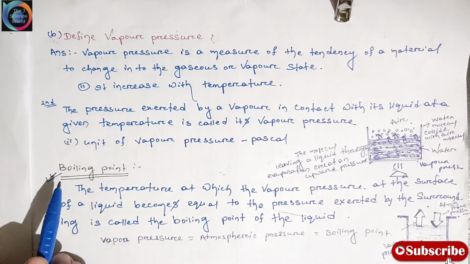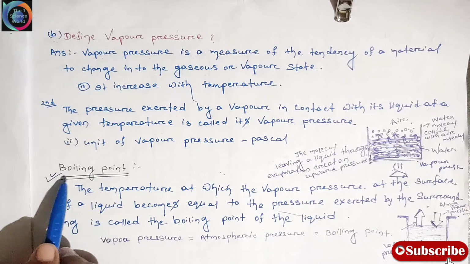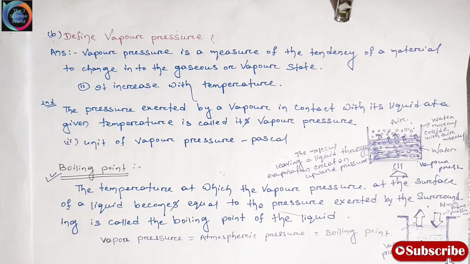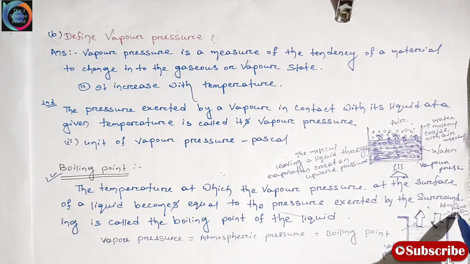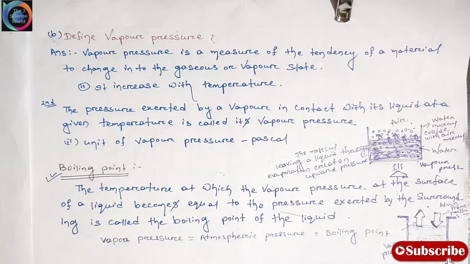Friends, another term related to vapor pressure is the boiling point. The temperature at which the vapor pressure is equal to the atmospheric pressure, that is our air pressure, is called the boiling point. So we write vapor pressure is equal to atmospheric pressure at that particular point, that is our boiling point.